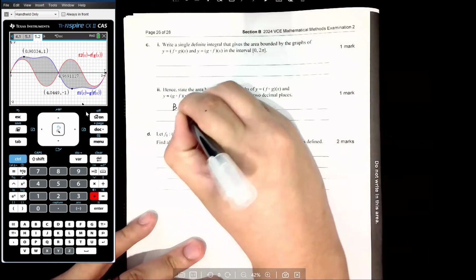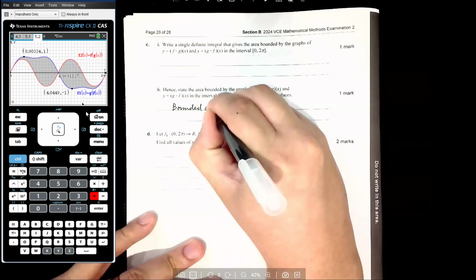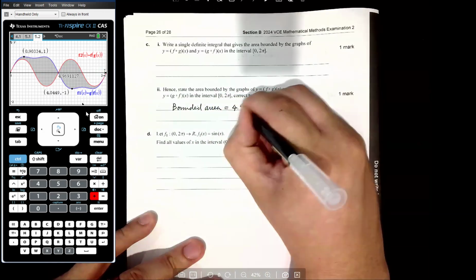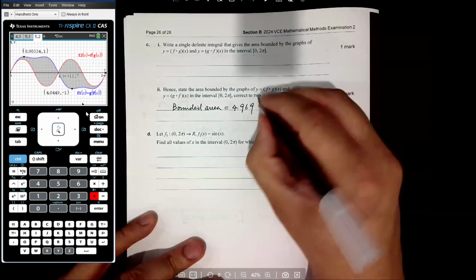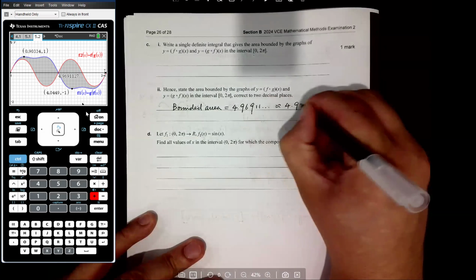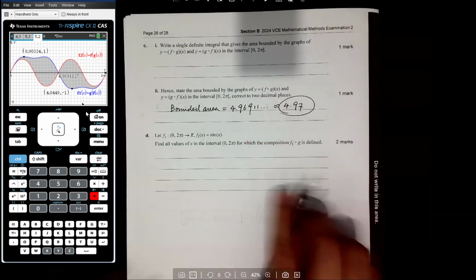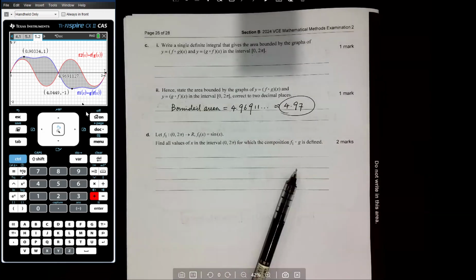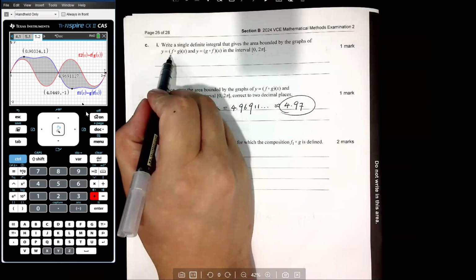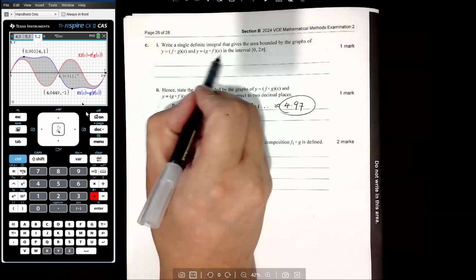So bounded area equals 4.96911, etc. To 2 decimal places, 4.97. Okay. And for part 1, we need a single definite integral. Basically, f of g is f2 and g of f is f1.